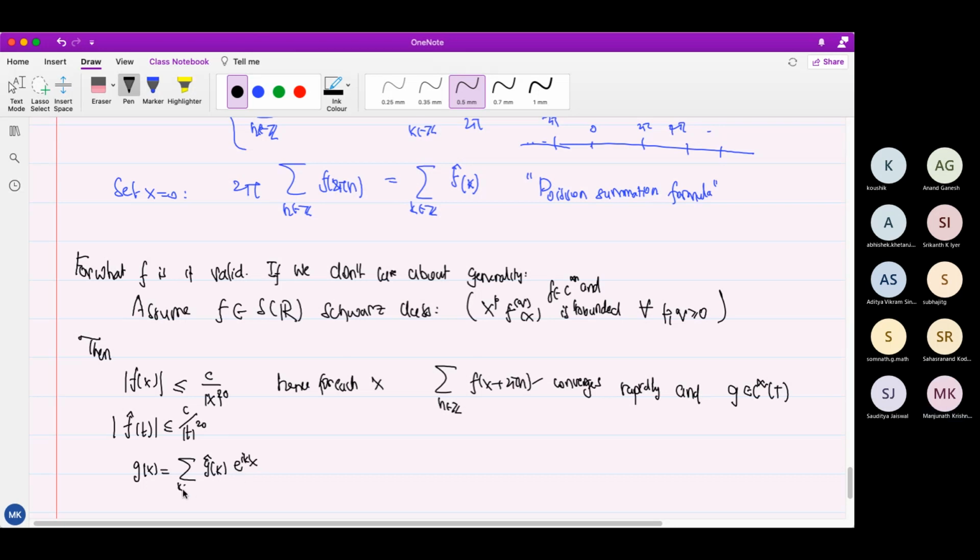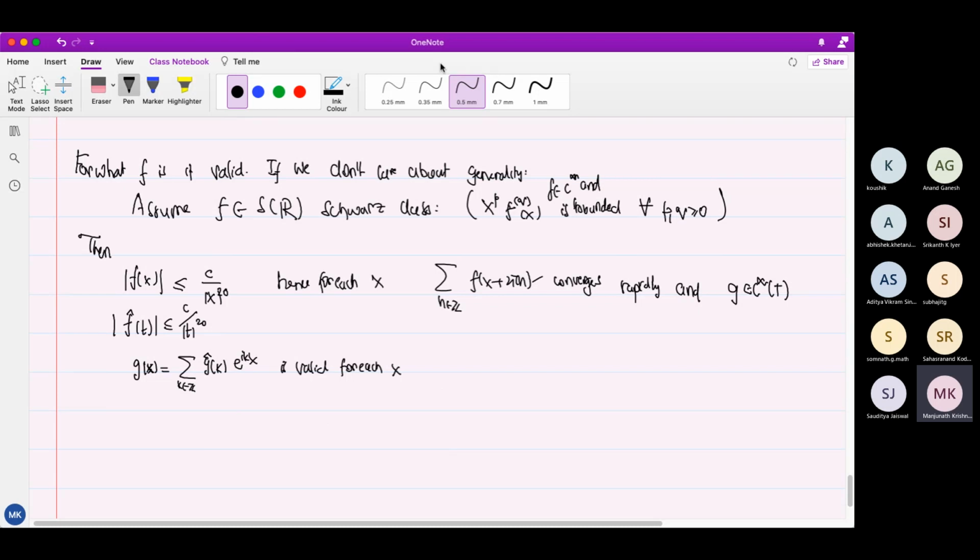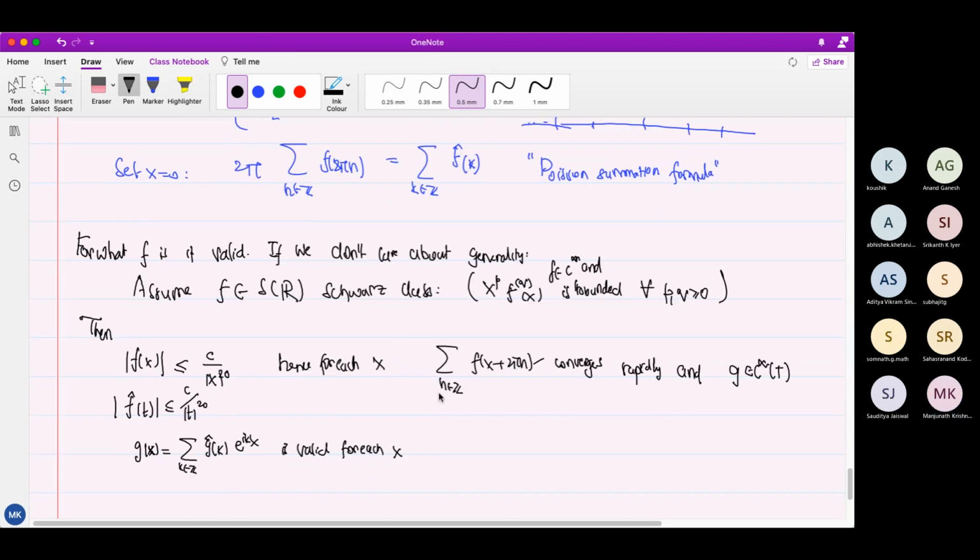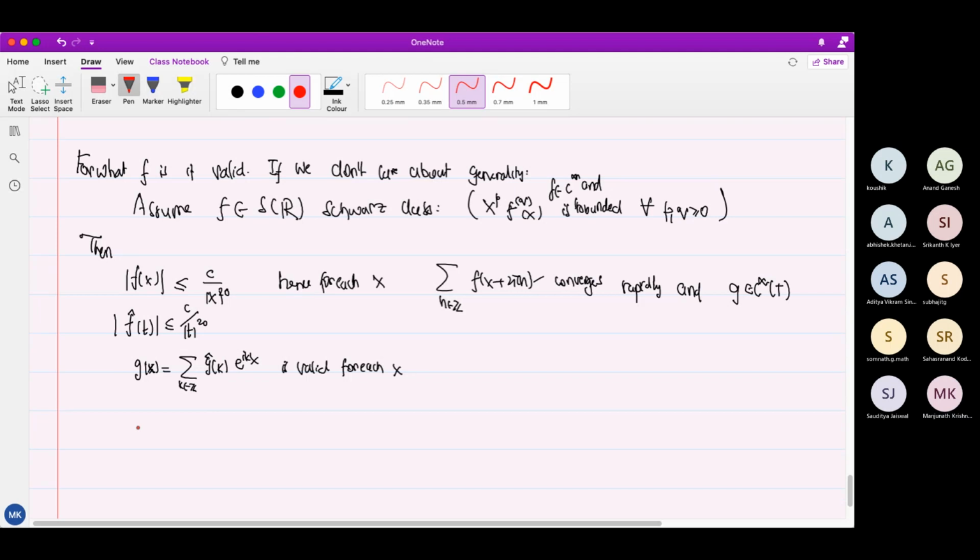This is valid for each x. Because g hat decays so fast, these are all going to be fine. I will just leave the checking to you if you want to check. It is very easy. So the conclusion is, for Schwartz class functions, it is fine.